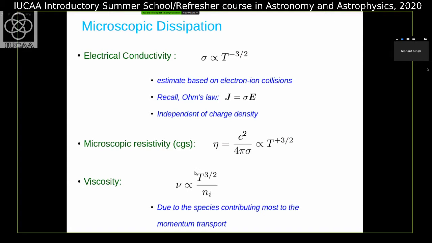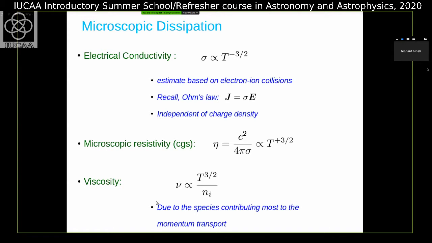So in your plasma, whichever species contributes most to the momentum transport, you involve that species to derive your viscosity. For current flow, whichever species is involved maximally in the electrical conduction, you take the parameters of those quantities to derive the expression for conduction properties like sigma and eta. So you roughly know that this can be derived, and for any system, for a given temperature, you can work out what these numbers should look like.